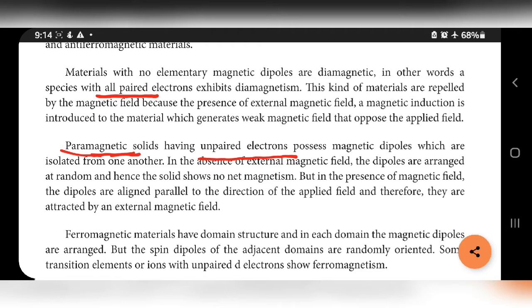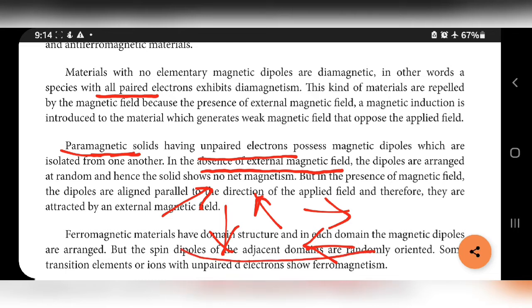In the absence of an external magnetic field, the dipoles are arranged at random, in random directions, and hence the solid shows no net magnetism.